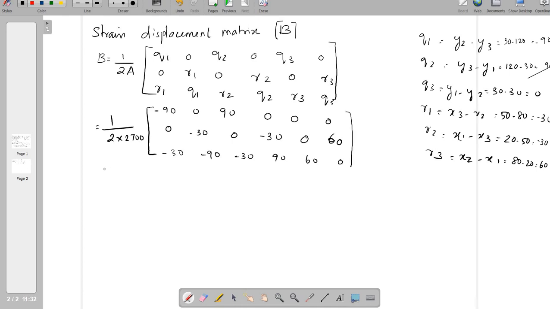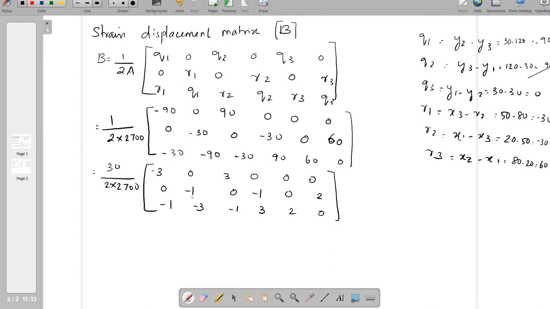I am taking 30 outside, so 30 by 2 into 2700 times the matrix: minus 3, 0, 3, 0, 0, 0; 0, minus 1, 0, minus 1, 0, 2; minus 1, minus 3, minus 1, 3, 2, 0. So after taking 30 outside, this is the strain displacement matrix.